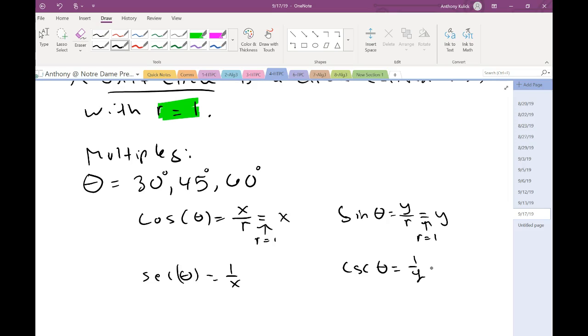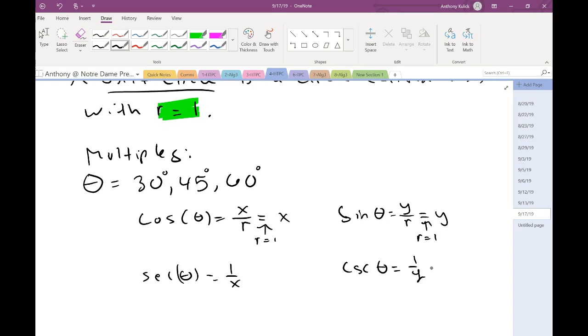So what we're going to do now is use this information to record the exact values for the sine, cosine, and tangent on angles that are multiples of 30, 45, and 60. The ones that you can find exact values for, because we can use our 30, 60, 90 and 45, 45, 90 triangles on this unit circle. So I'm giving you all a copy of the unit circle with everything blanked out.